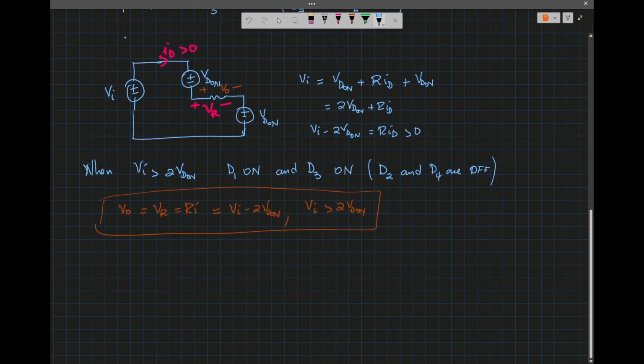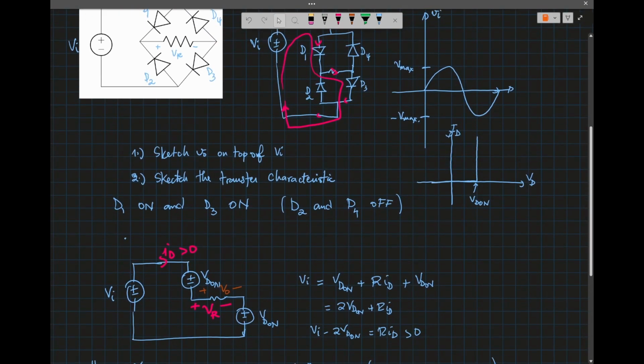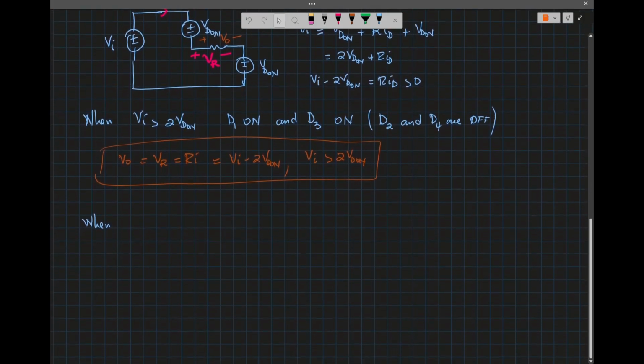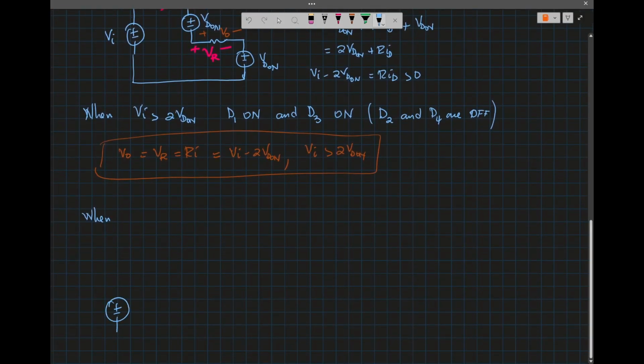Now for the negative cycle of the input voltage, when Vi is less than 2 VD on, let's assume now, for the negative cycle, what do we have?